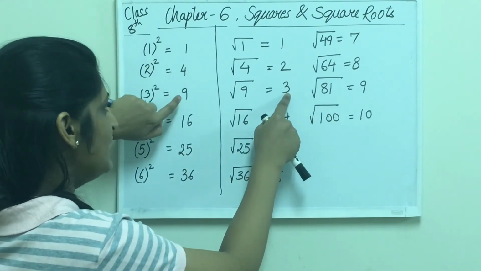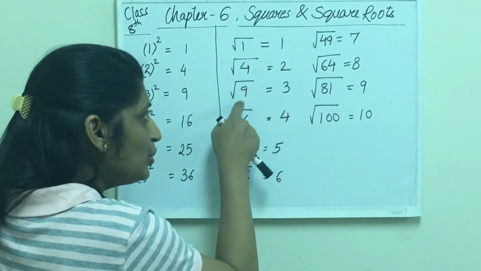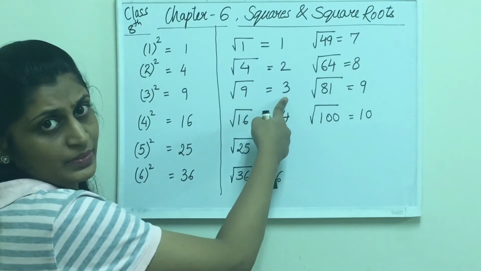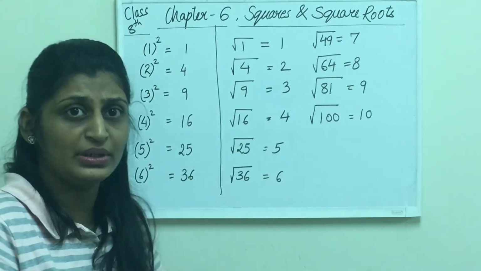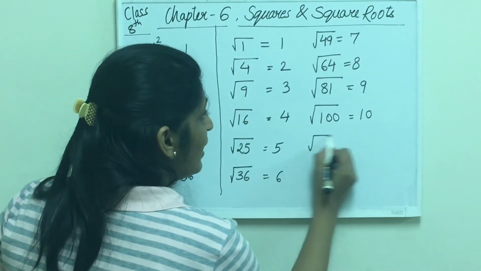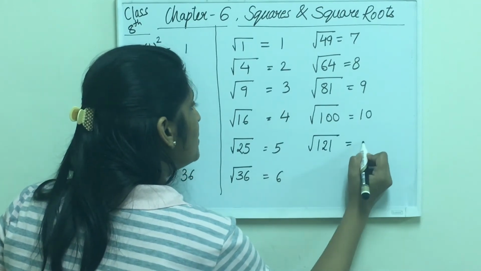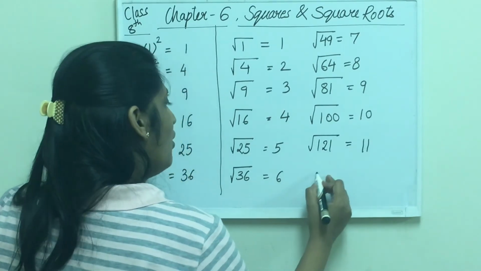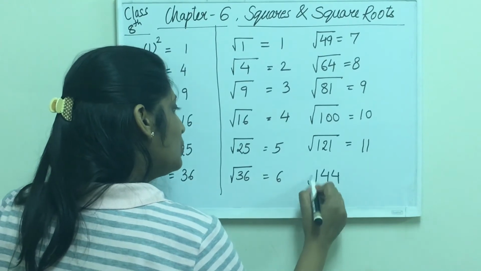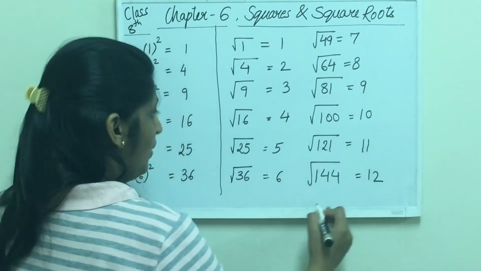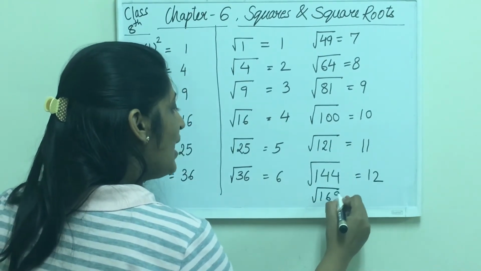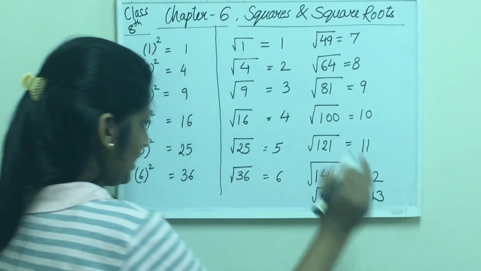Square of 3 is 9, but when I did the square root of 9, I got 3. So the whole table now reverses. Like the square root of 121 is 11, the square root of 144 is 12, the square root of 169 is 13.